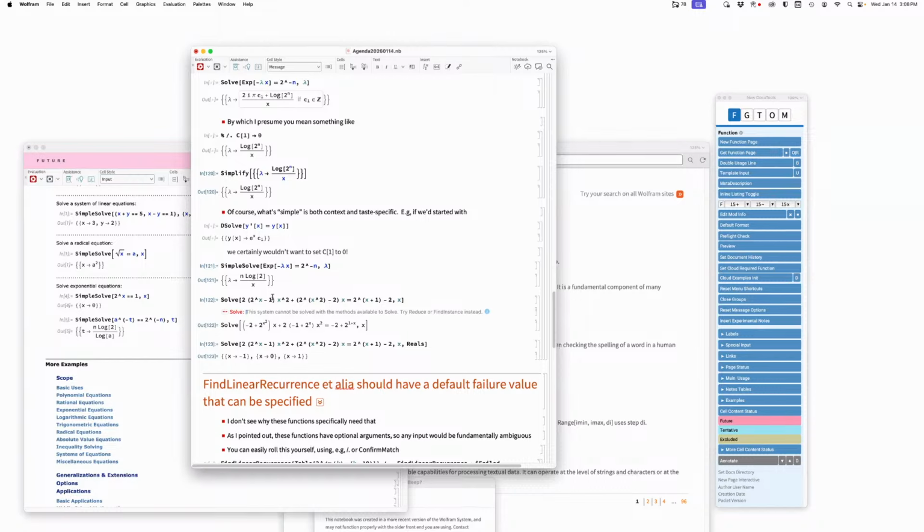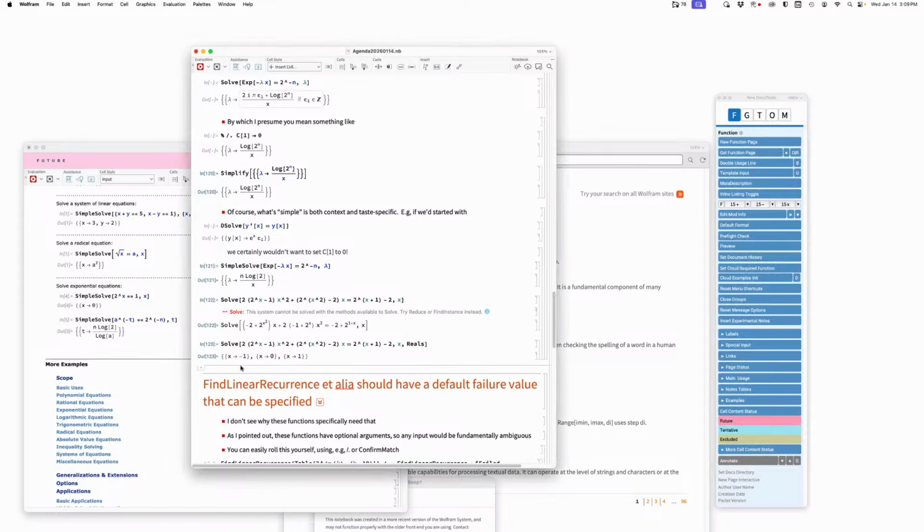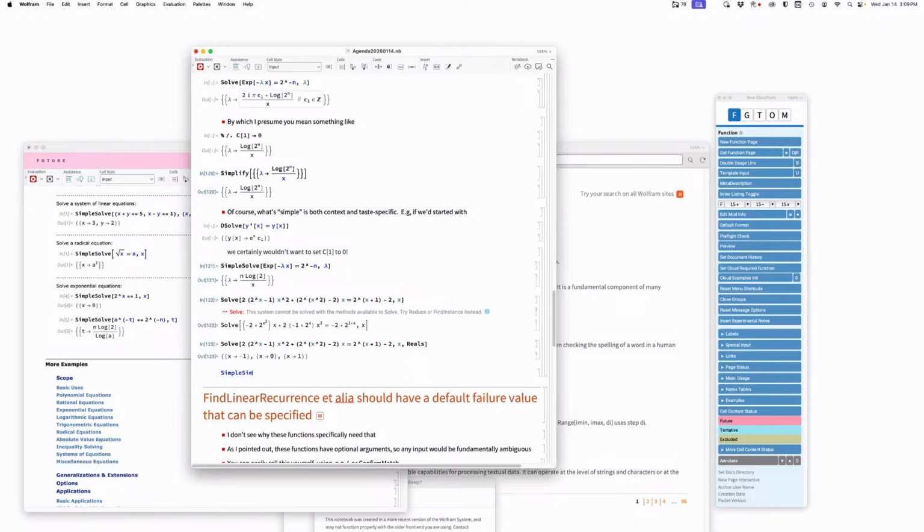Simple simplify could also instantiate constants, which is something Simplify can't and shouldn't do. Yes, that's right. Simple simplify is a very unfortunate name. I don't think anybody's suggesting that as a real name.